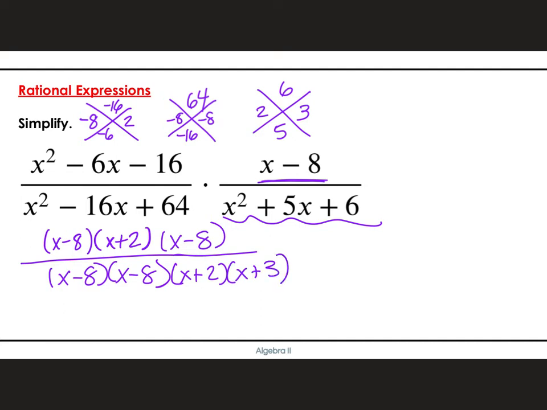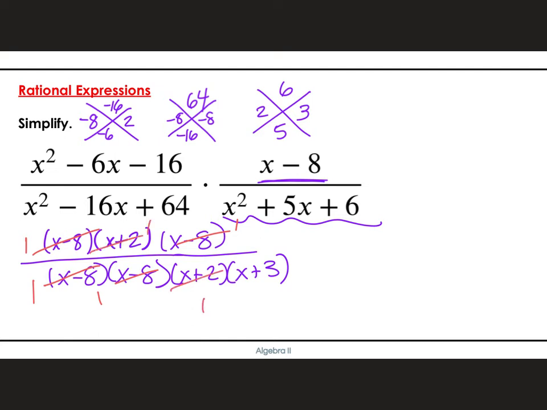And so now that I have factored everything, I can look to see what things I can find in the numerator and the denominator that are similar. So I have an x minus 8 and an x minus 8. Those both will become 1. I have another x minus 8 and another x minus 8. Those both will become 1. And then I have an x plus 2 and an x plus 2.